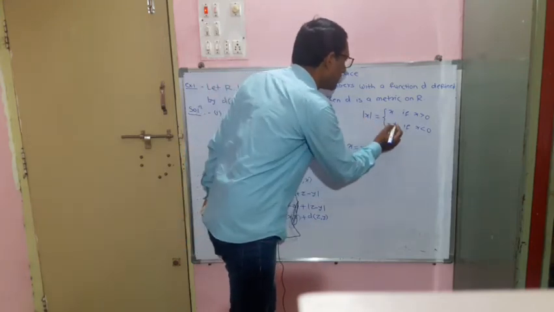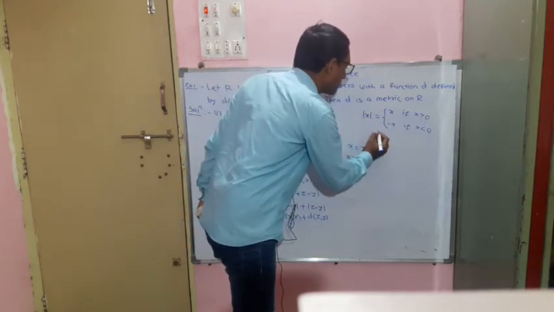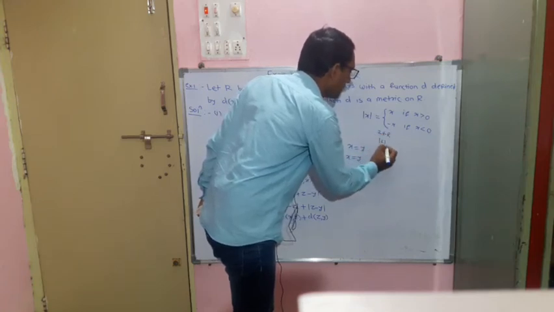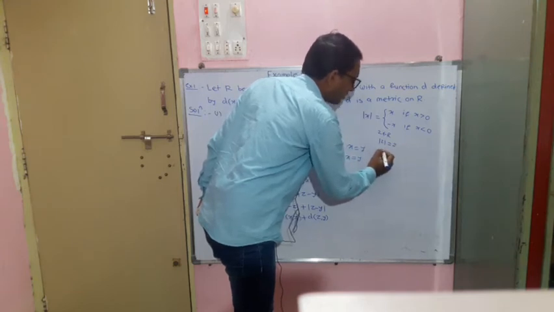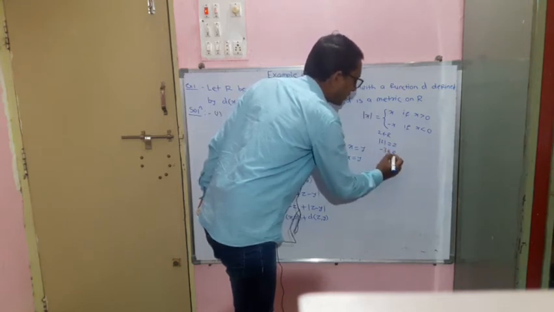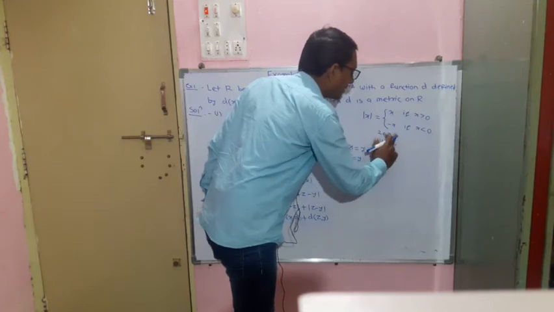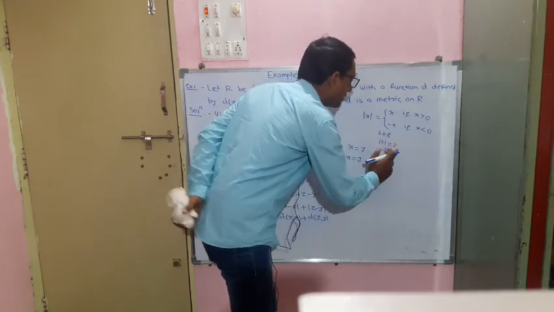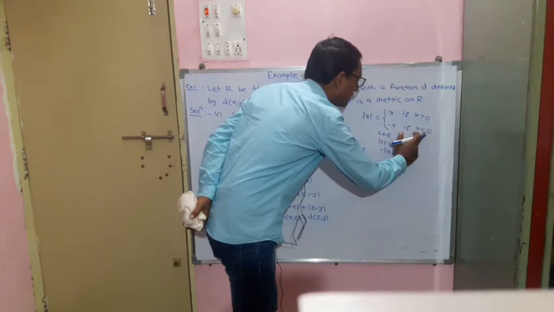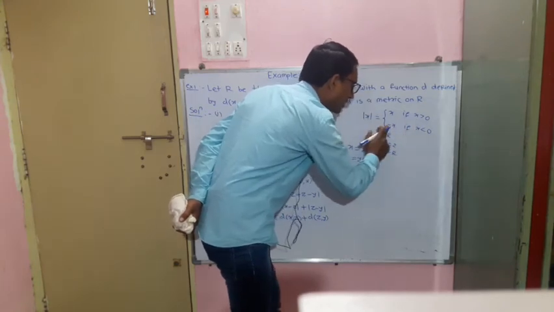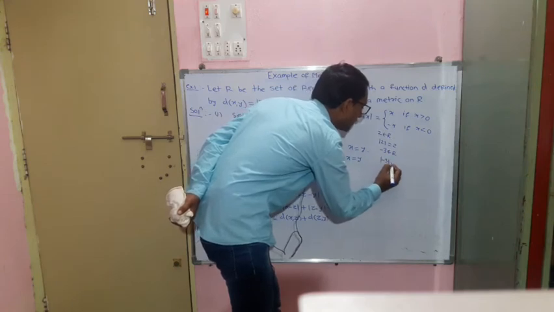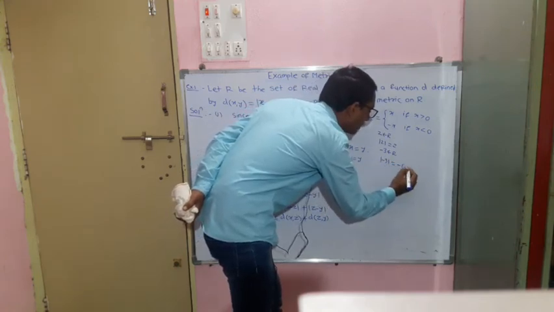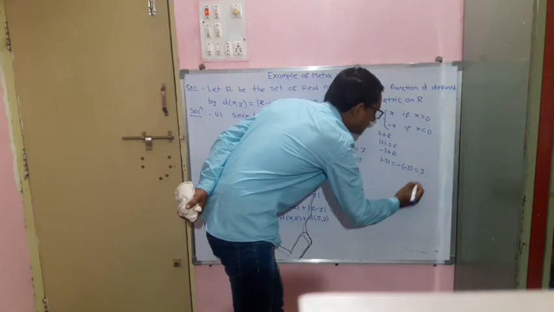If x is positive, suppose x is 2, then mod of 2 is 2. And suppose I have minus 3 belonging to R, and minus 3 is a negative real number, that's why it gives minus of that real number. So mod of minus 3 is equal to minus of minus 3, and this is plus 3.